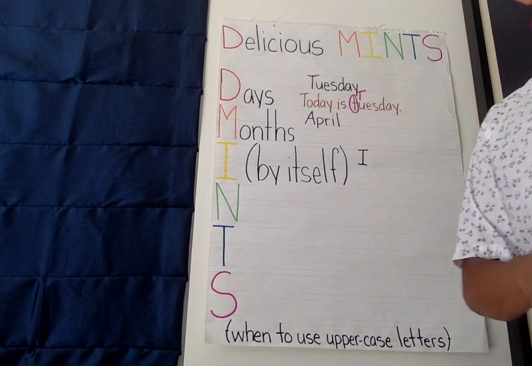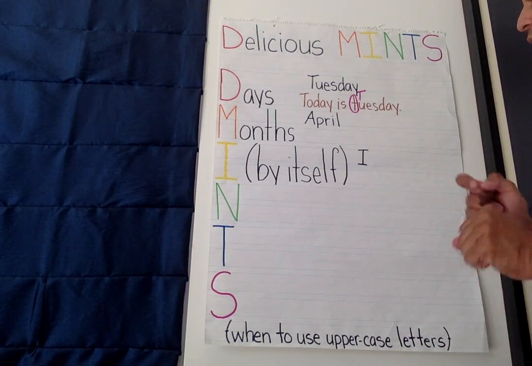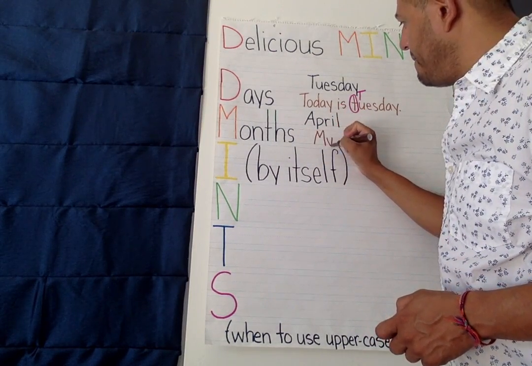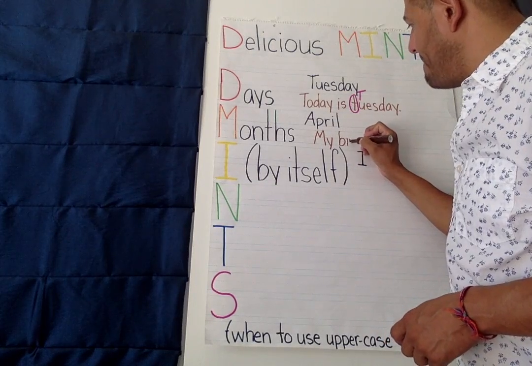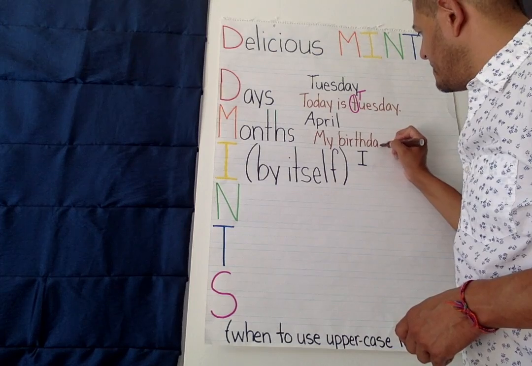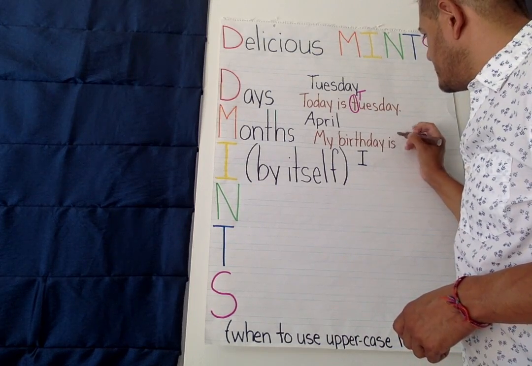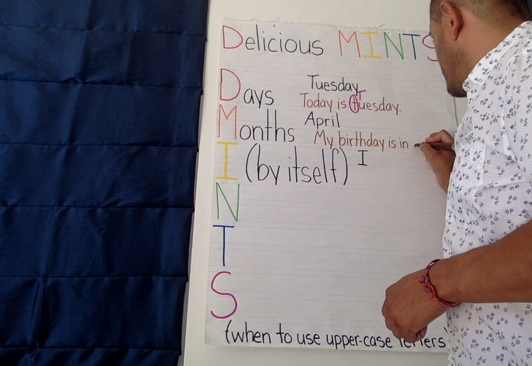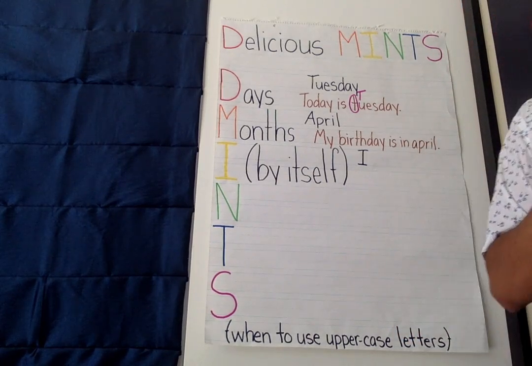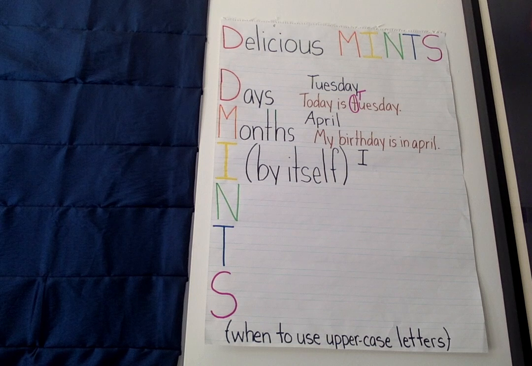Let's take a look at our month of April. I'm going to do another sentence. My birthday is in April. All right, so I have my sentence and I see that, oops, I've made a small mistake. That is okay.